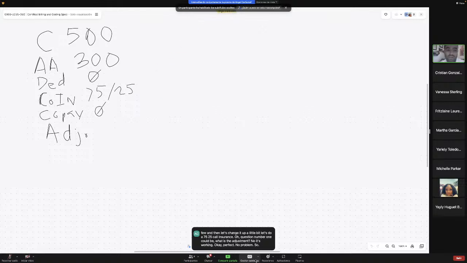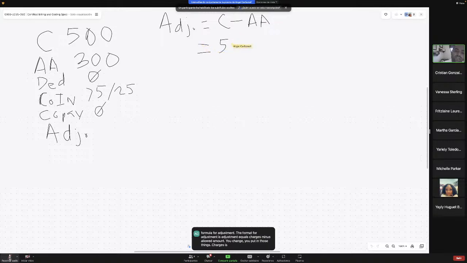So the first question will be to figure out what the adjustment is, and you need to remember what the formula for adjustment is. The formula for adjustment is adjustment equals charges minus allowed amount. You put in those things.